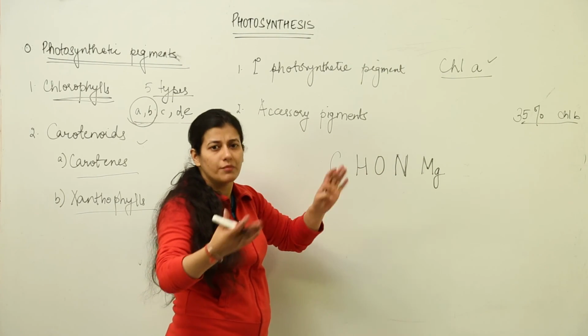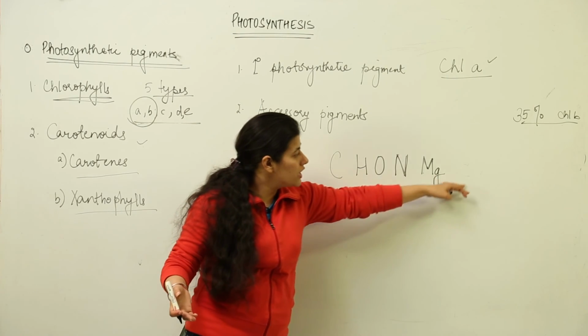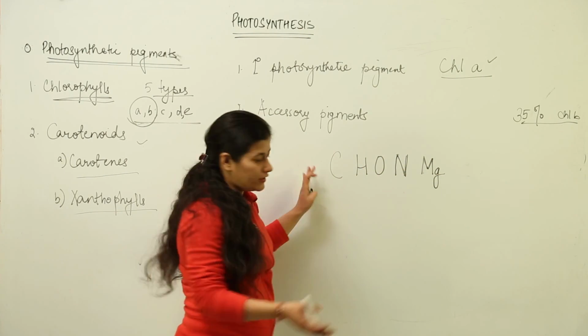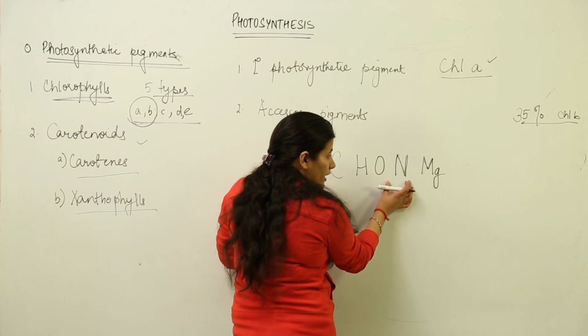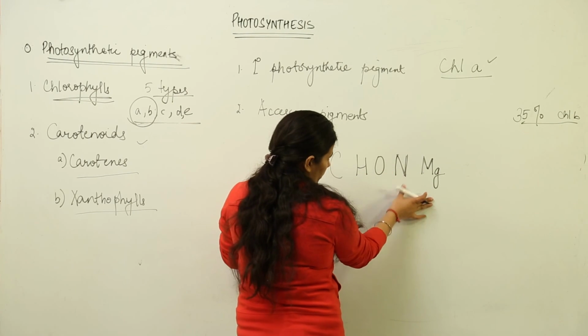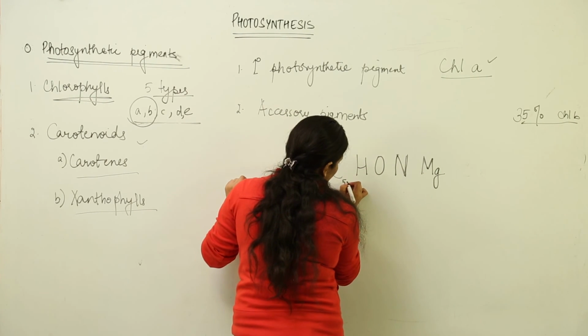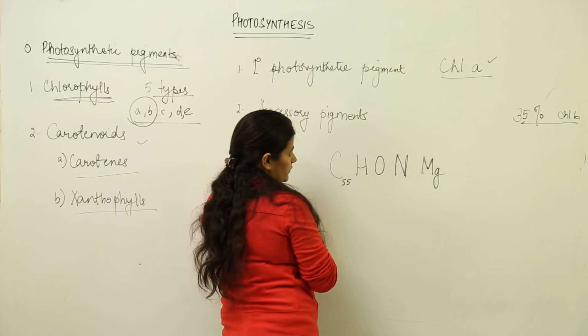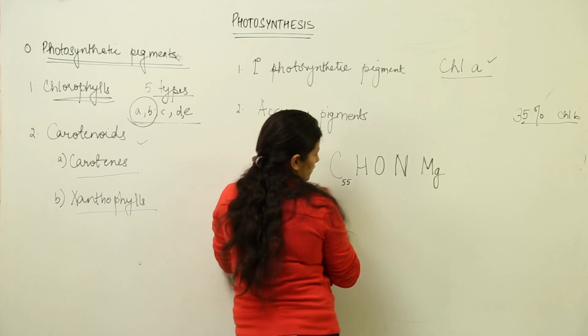Whether it is A or B, we have this part present in chlorophyll: magnesium, nitrogen, C, H, O.